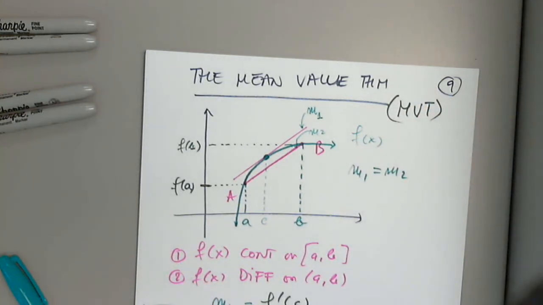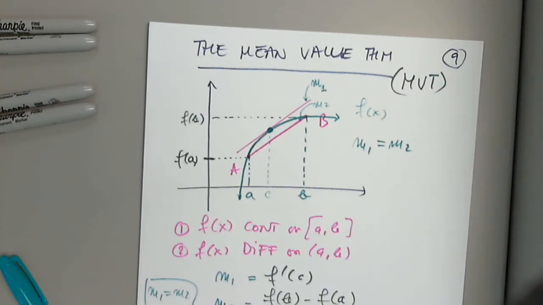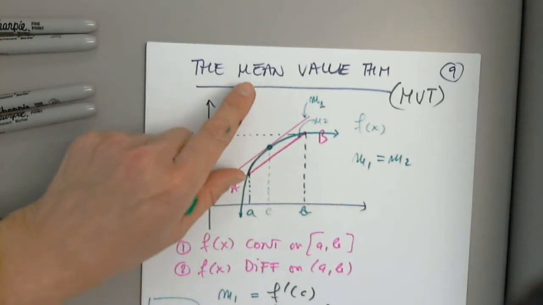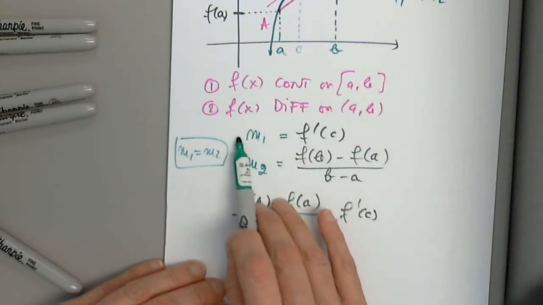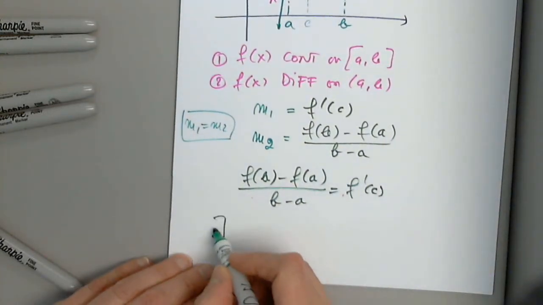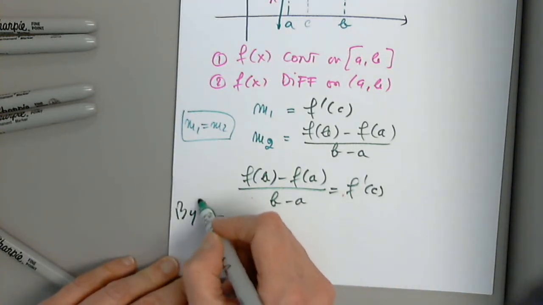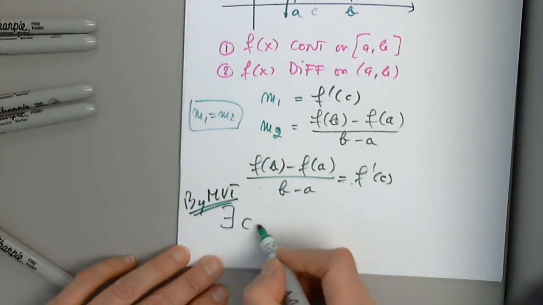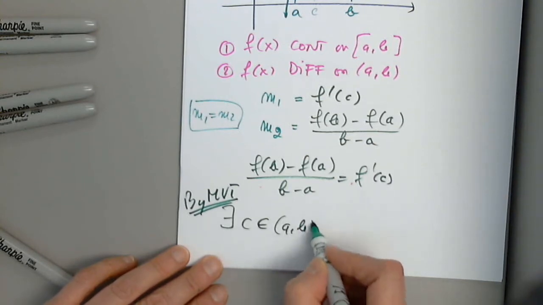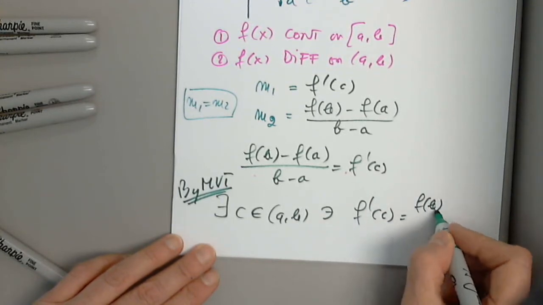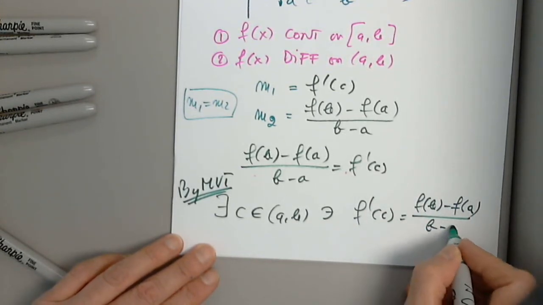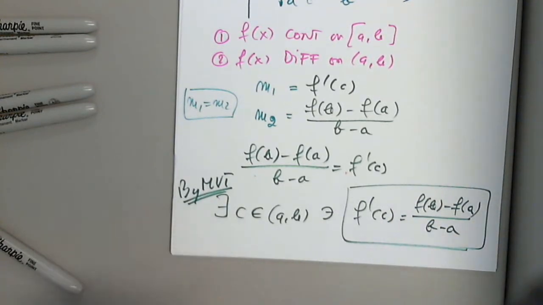Not the intermediate, I'm sorry, mean. Intermediate value theorem is something else that we already discussed a long time ago. So, mean value theorem. Because these two conditions are fulfilled, by MVT there exists a c in the open interval a comma b such that f prime of c equals f of b minus f of a over b minus a. Slightly more sophisticated, not simply a term, but this says something else.